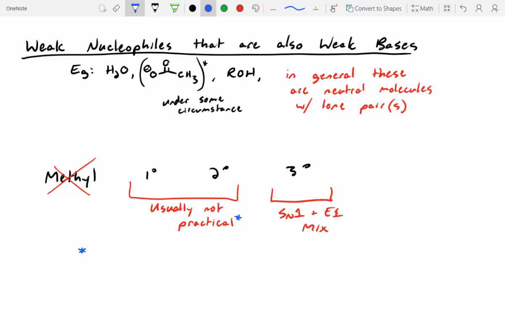The blue asterisk, when can we observe SN1 or SN2 chemistry on primary or secondary electrophiles? Resonance can occur if the carbocation is resonance stabilized.